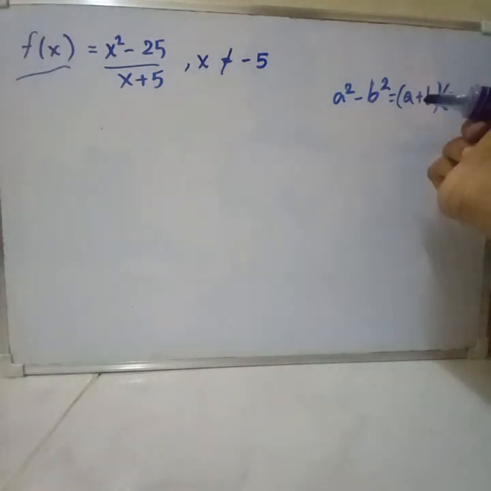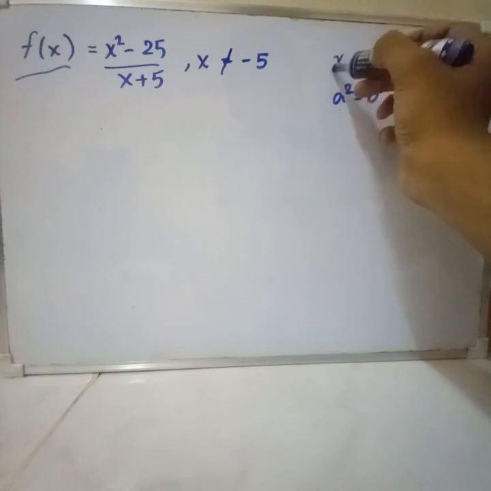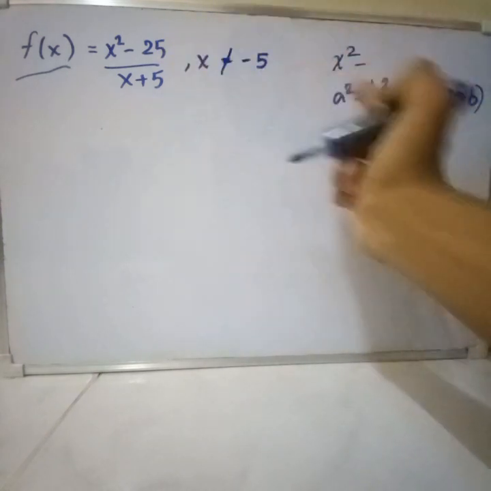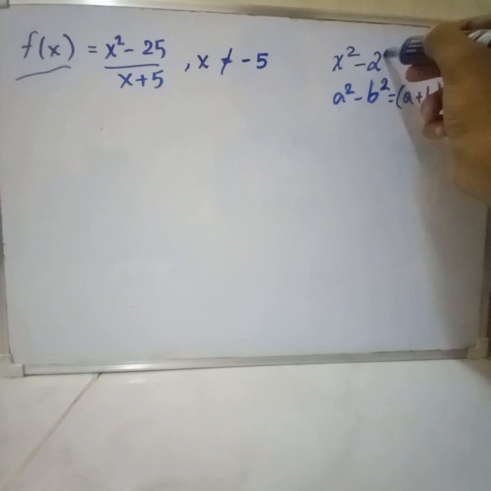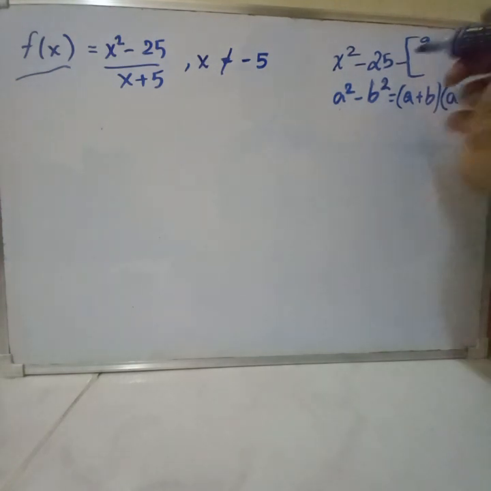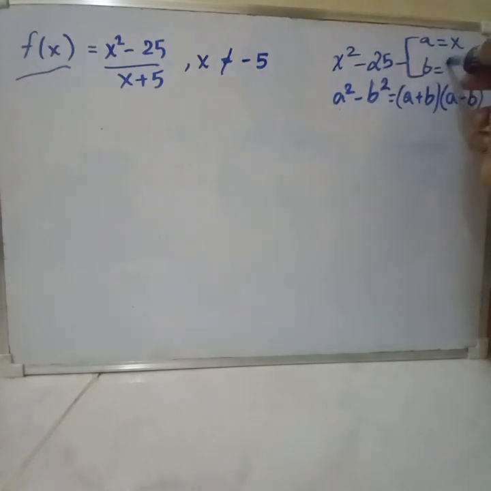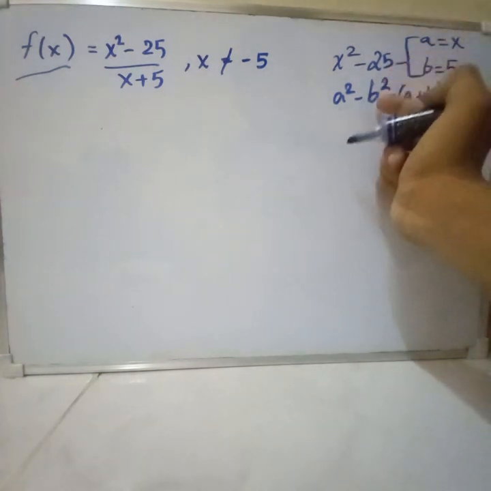This is an identity. So instead of a squared, we have x squared, and instead of b squared, we have 25. So our a will be equal to x, and our b will be equal to 5, because 5 squared is 25, right?